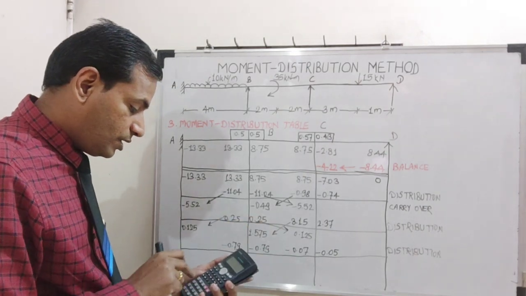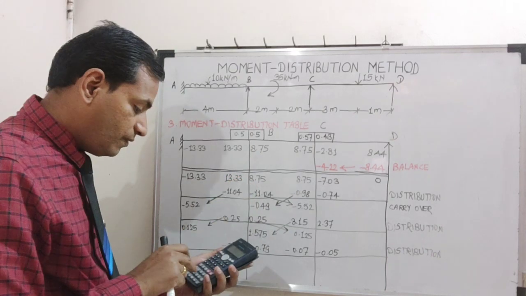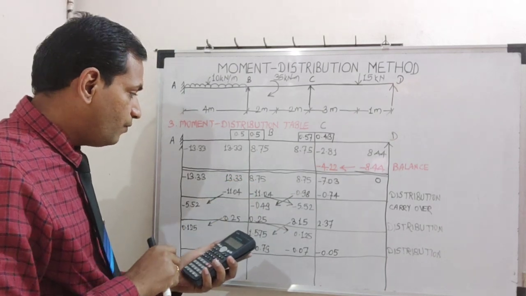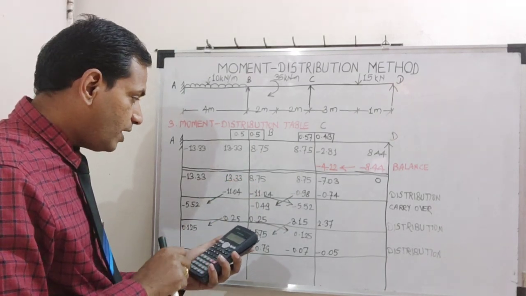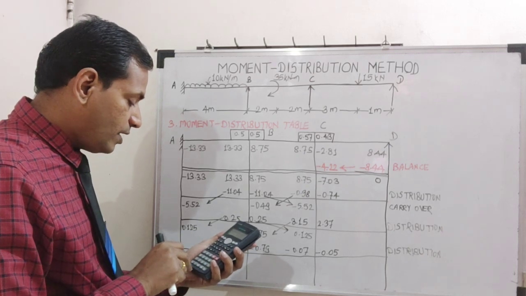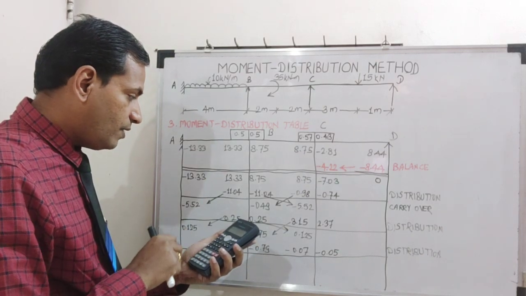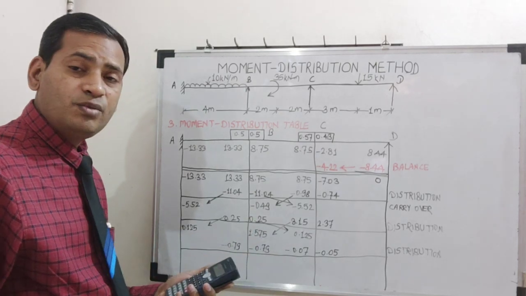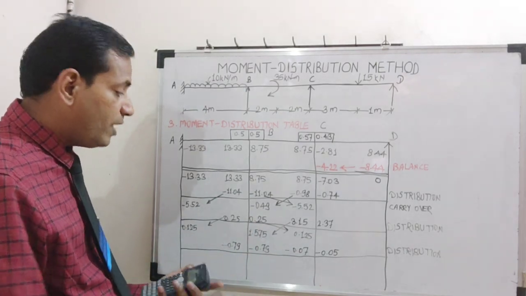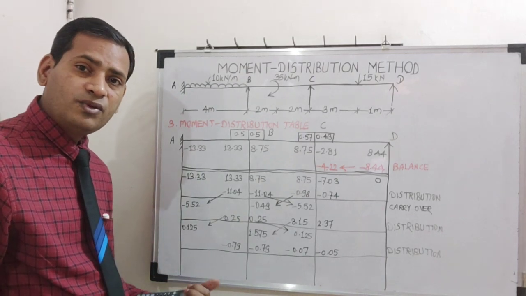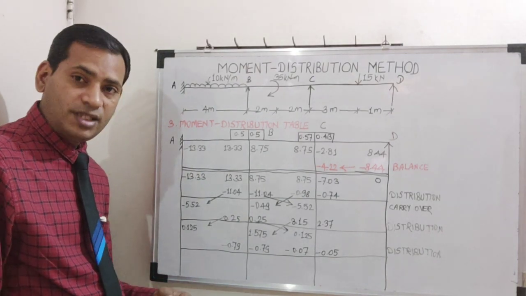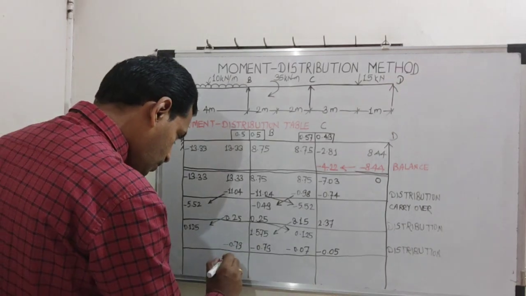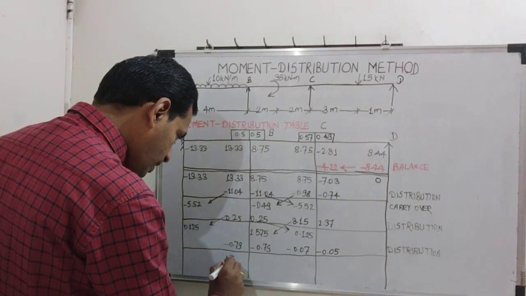Okay, so first below the double line is 8.75 minus 11.04 minus 0.49 plus 0.25 plus 1.575 minus 0.79. So it comes to be minus 1.745. So I can round it off to minus 1.75. Okay, so this is plus 1.75. This is minus 1.75.